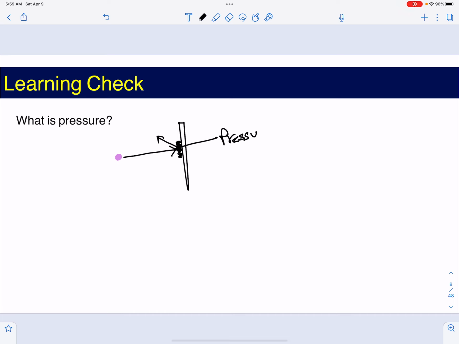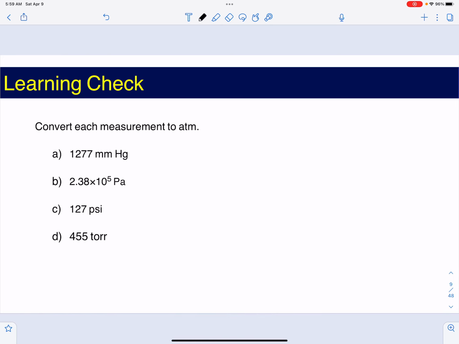It is the force acting on an area. In terms of gases, we call pressure every time a particle collides with the walls of the container where the gas is. That's what causes pressure. And we can measure pressure in several different units.